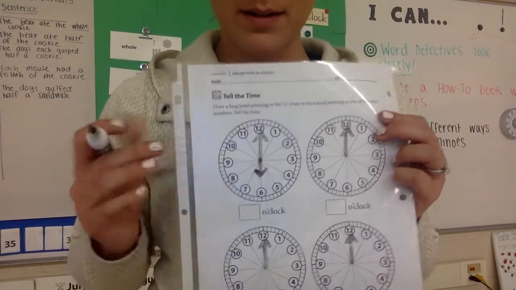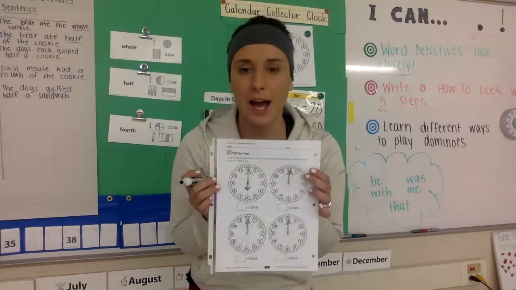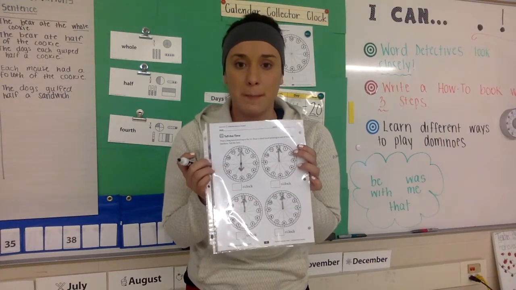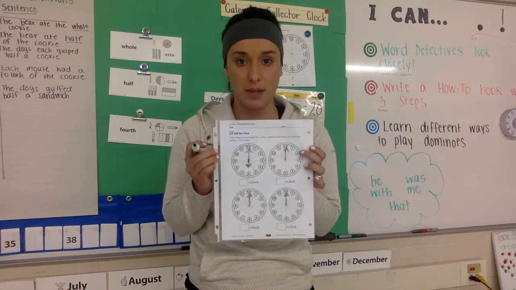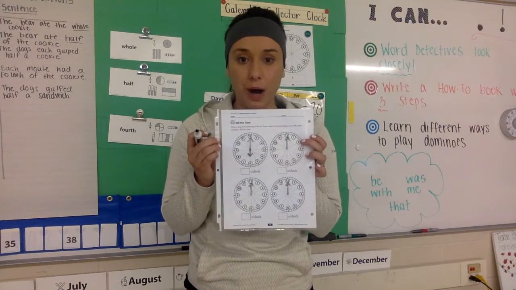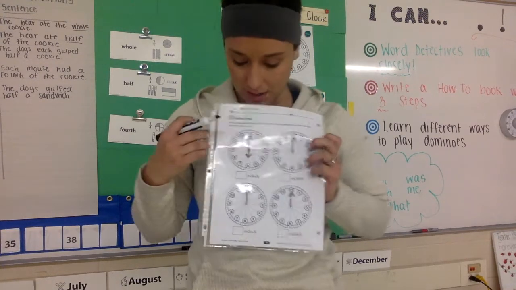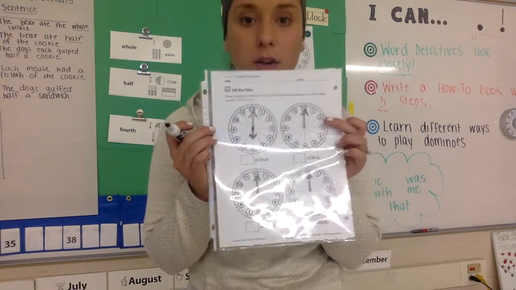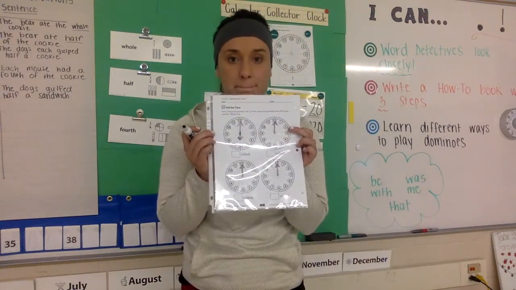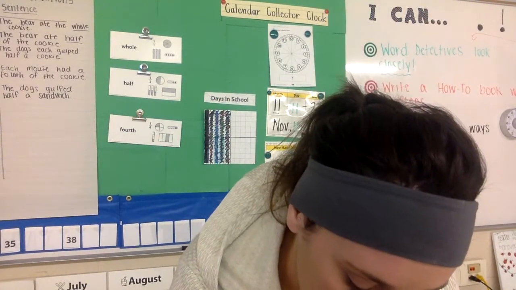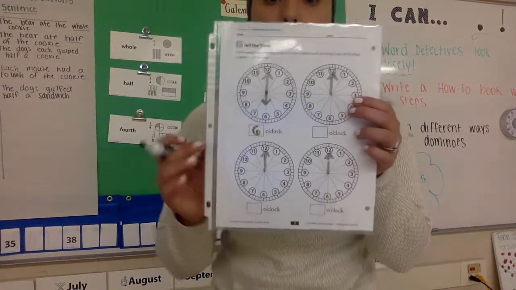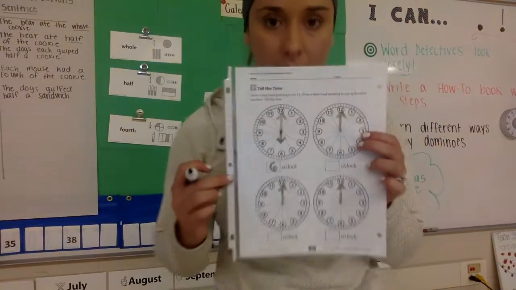Do you see mine? Think about what time that is. You know there's no minutes because the 12 means it's the top of the hour or a new hour. What time would it be? Look at your little hand. What is the little hand pointing to? It would be 6 o'clock.